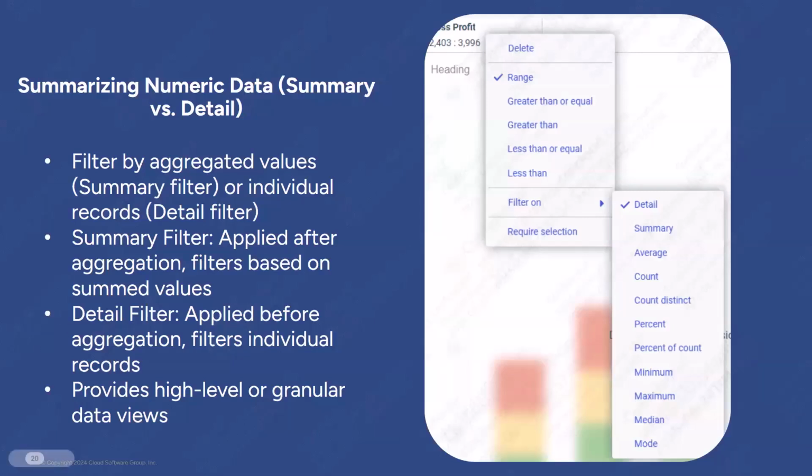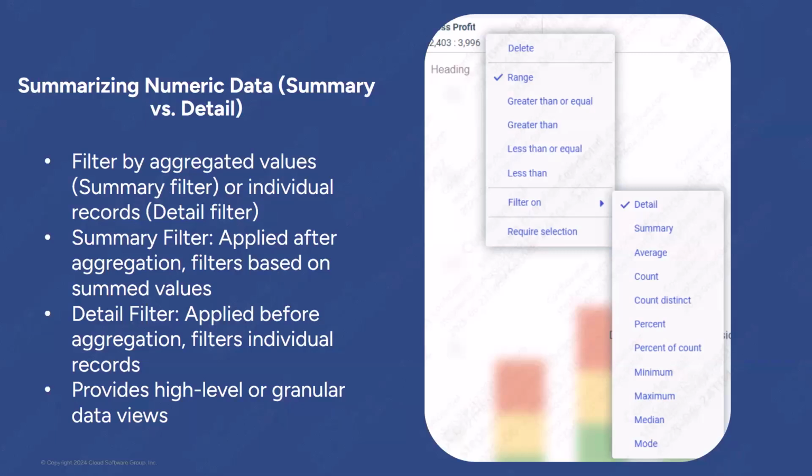Okay, so we touched on this a little bit earlier, where we talked about summarizing numeric data. When you've got a numeric measure, you can do more than just either summarize it or bring the detail information back. You can choose to filter by aggregated values or individual records, like we did. But we can also do things like average.